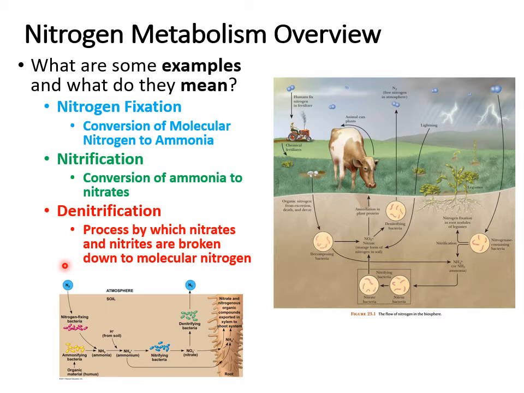Nitrogen fixation is when molecular nitrogen from the atmosphere is taken in by things like nitrogen fixing bacteria and converted to ammonia. That ammonia then undergoes nitrification, which converts it to nitrates that can be absorbed into root systems, for instance.